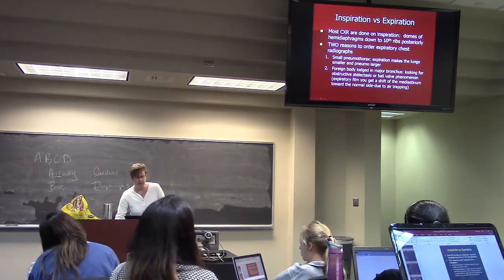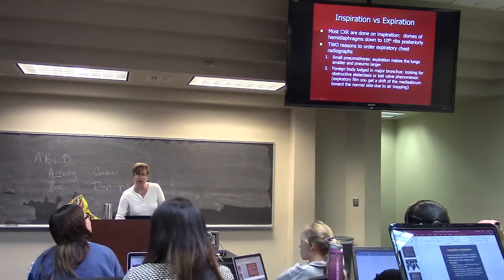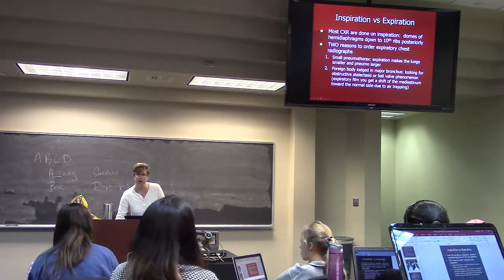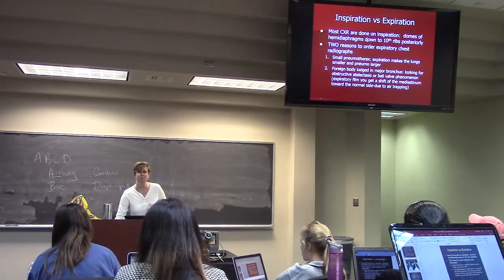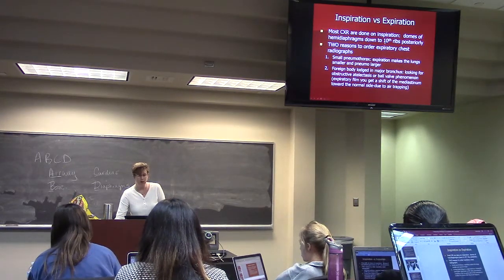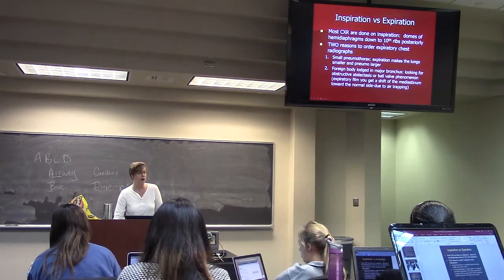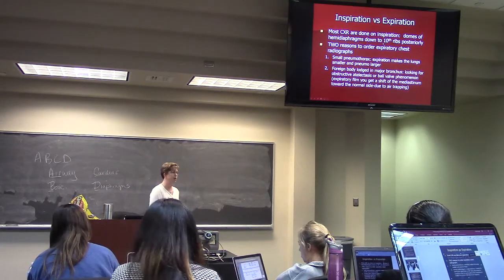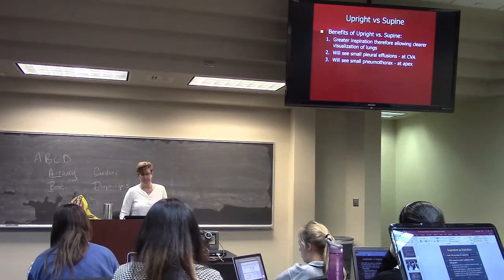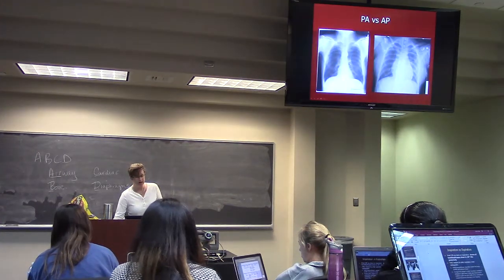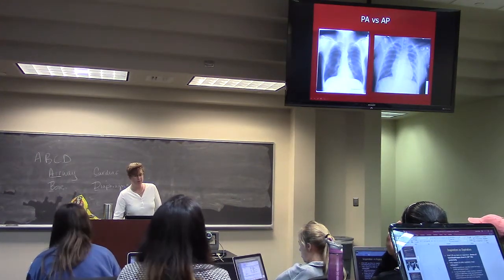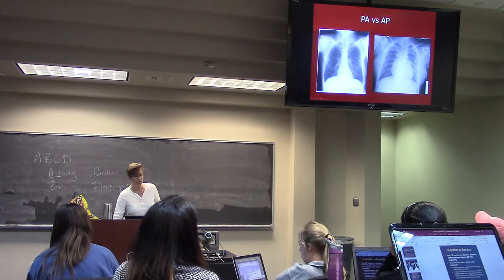Now, when we talked about ribs, how do I know if I got a good inspiration? Okay, these are all things before I'm even looking for problems. I'm seeing if this was a good x-ray. I'm looking to see if I can count down 10 posterior ribs. Okay, can I count down 10? Is it pretty close? 1, 2, 3, 9, 10.